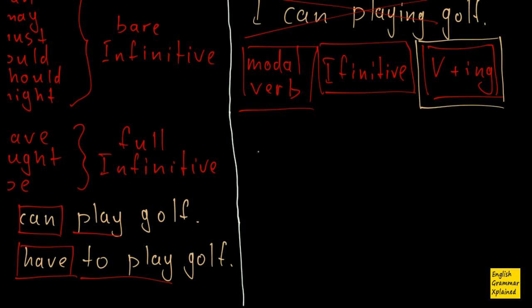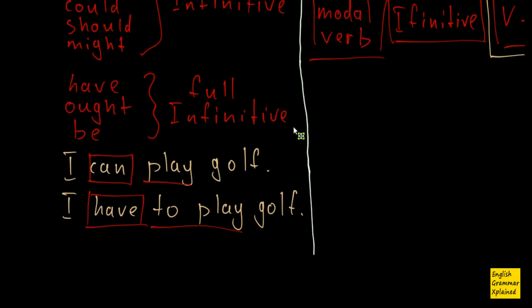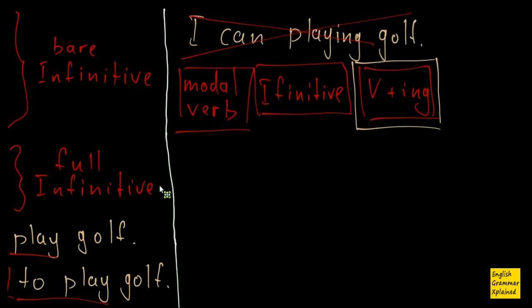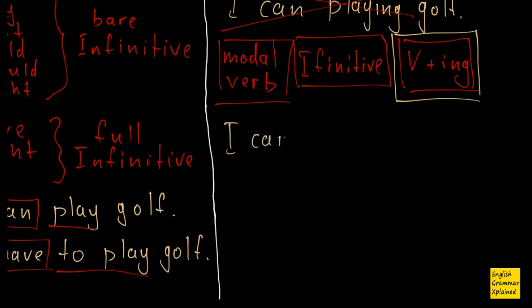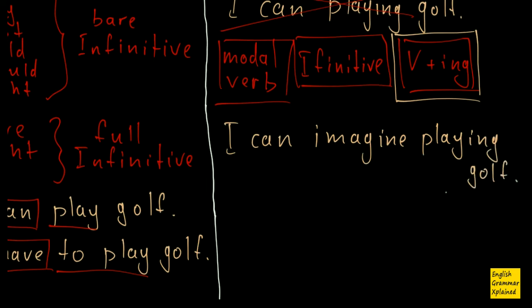Well, let me illustrate how it can be. I just take my sentence from here. I can play golf. I can imagine playing golf. That's it. So, here is my modal verb, can.